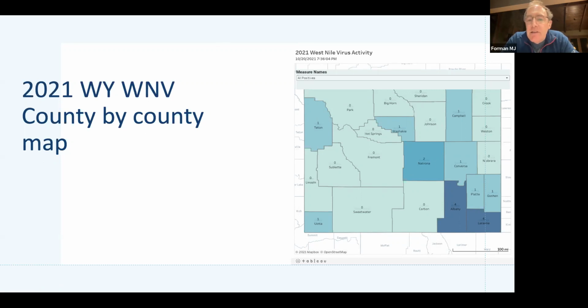If you look at the slide, you'll see the human incidence of reported cases of West Nile in Wyoming, county by county. You can see there was one case in Teton County. There were a lot of cases in the southeast region of the state.